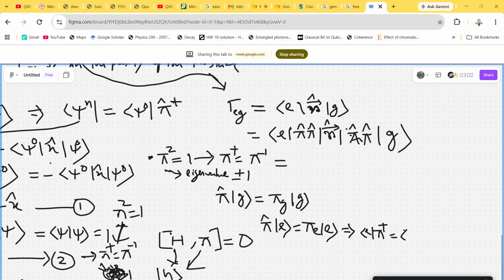This will be given by e into pi e. You can write it as pi dagger also, pi whatever, it doesn't matter because pi square is 1. So this pi e and e, this will give you what?